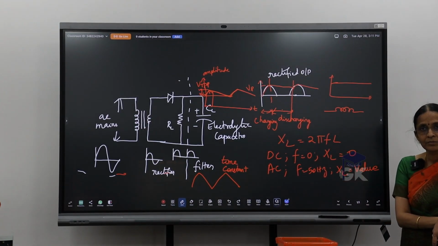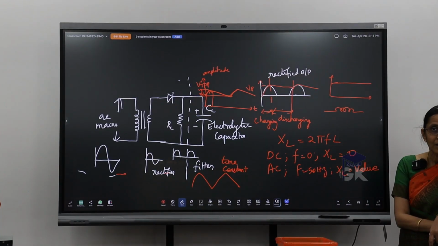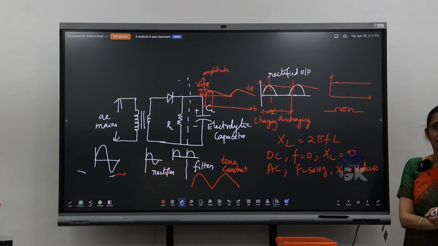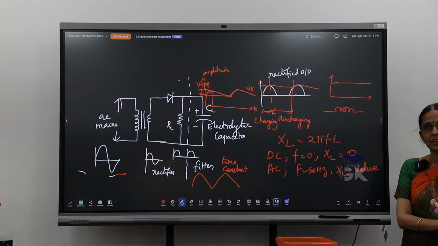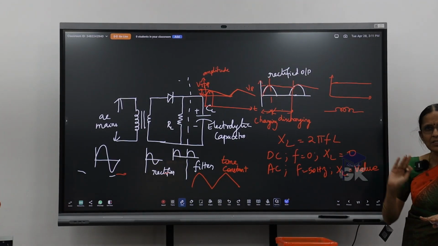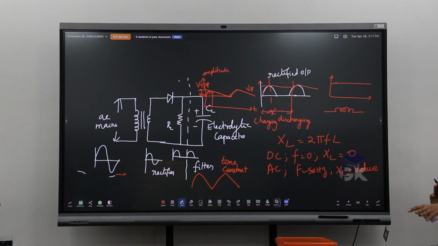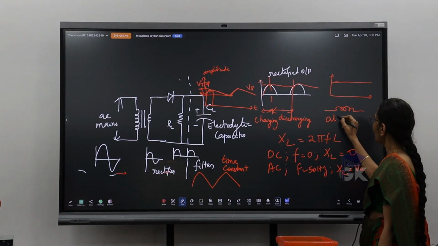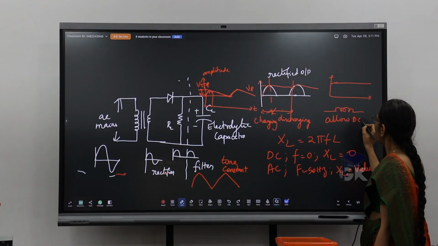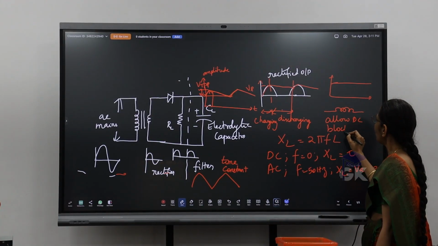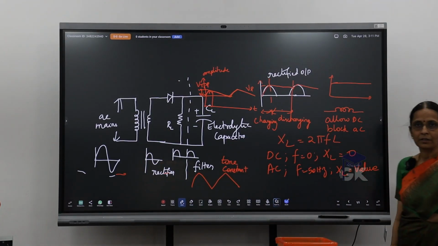It will allow DC and block the AC. Okay, what it will do? It will allow the DC and block the AC. Just the reversal of what we had for the capacitor. So it will allow DC and block your AC signal.